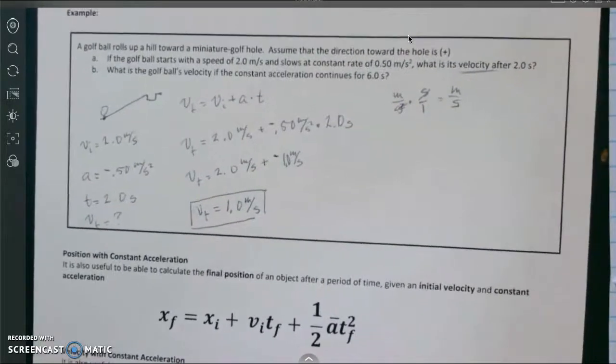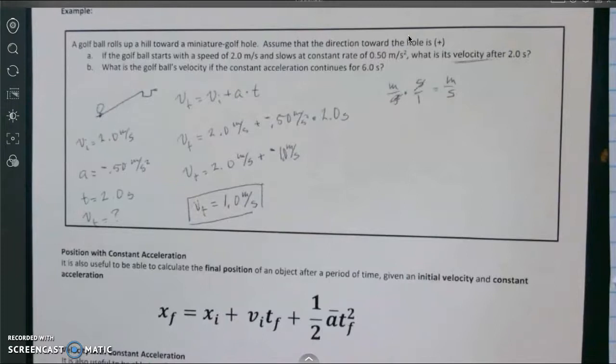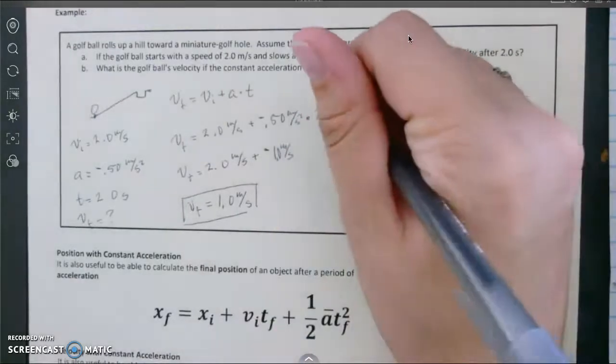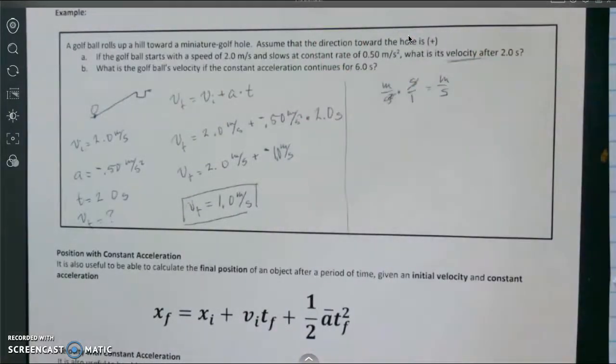Now, part B. What is the golf ball's velocity if the constant acceleration continued for 6 seconds? So this situation has changed a little bit. We're no longer wondering what the final velocity is for 2 seconds, we're wondering what it is for 6 seconds.